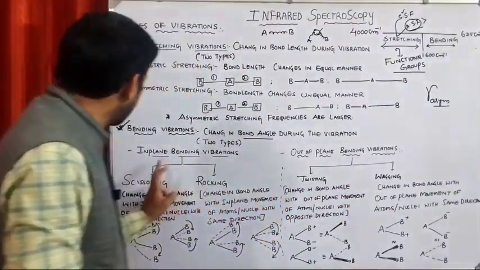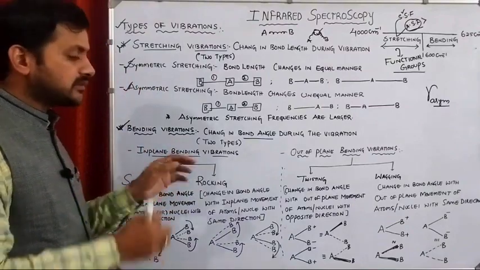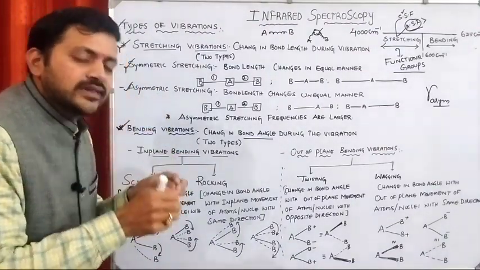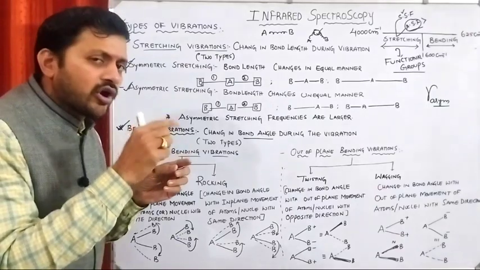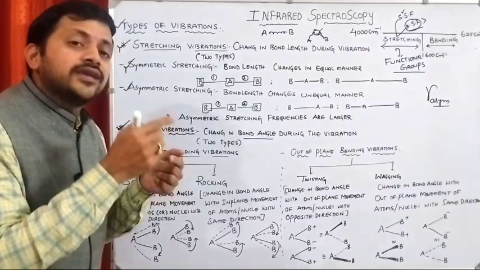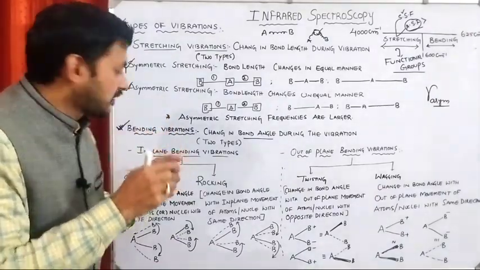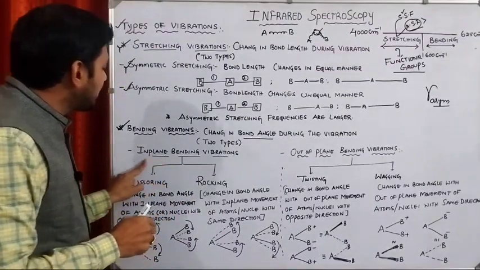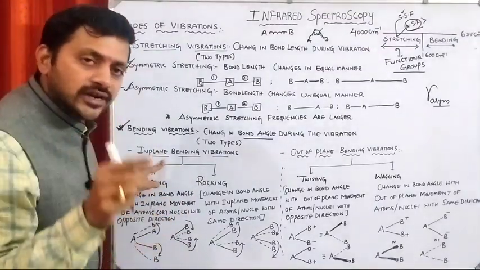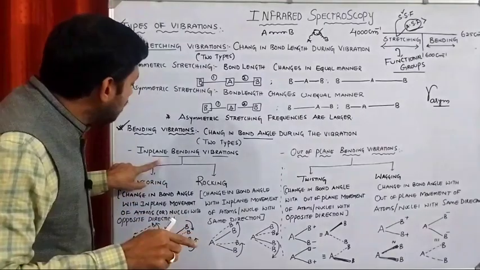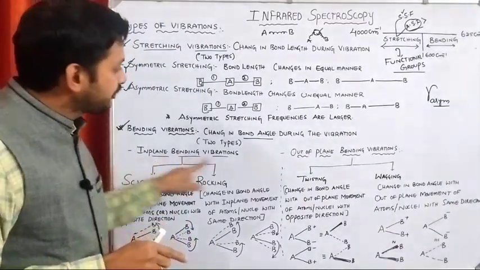The name itself indicates in plane, means during the bending vibration what happens? The bond angle will be changed or not? If the change in the bond angle is in a in plane manner, then such kind of vibrations are called as what? In plane bending vibrations.